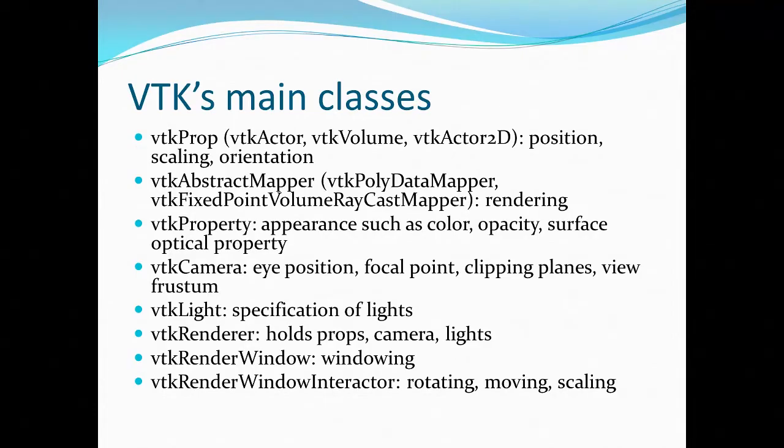And the second one is the mapper, and it depends on the type of data you want to render. You could have a polydata mapper or volume mapper, so mapper is a rendering technique. And the VTK property controls the appearance of the actor, such as color, opacity, and surface optical properties like the diffuse reflection coefficient and specular reflection, etc.